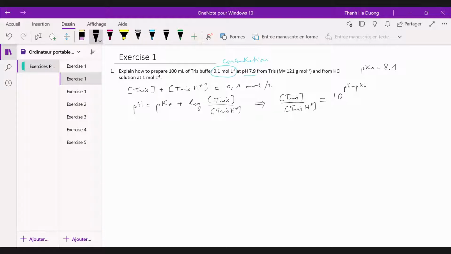So you have to calculate this, and because you have two equations with two unknowns, you can calculate the concentration of Tris H+ and Tris. Okay, can you do that? Tell me when you have the answer.